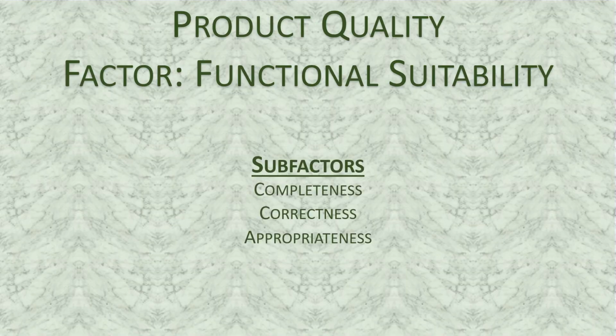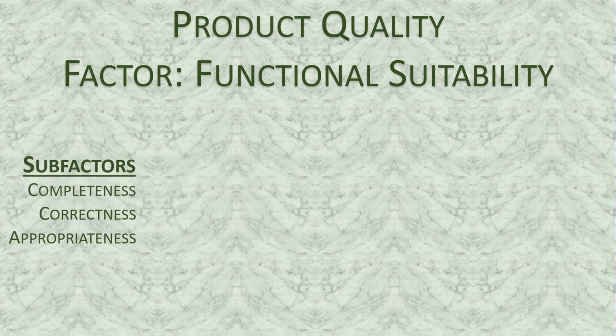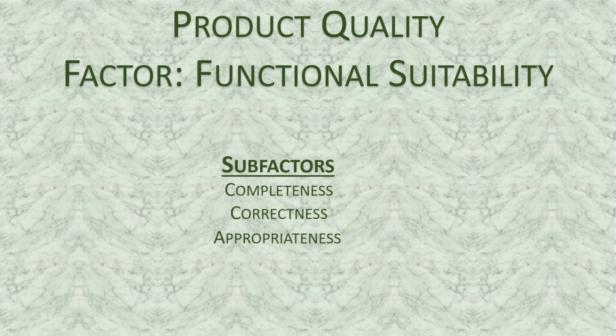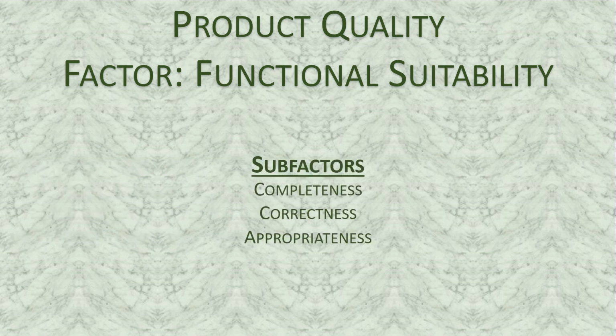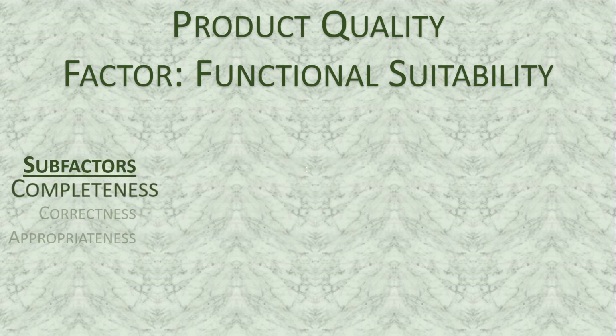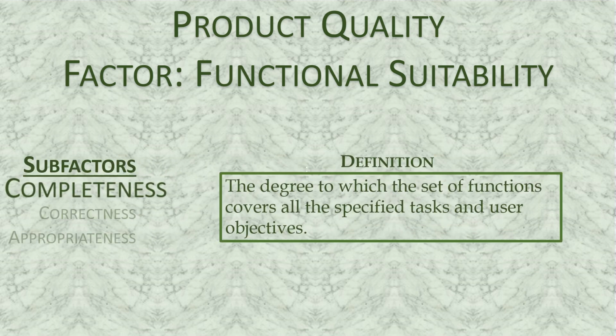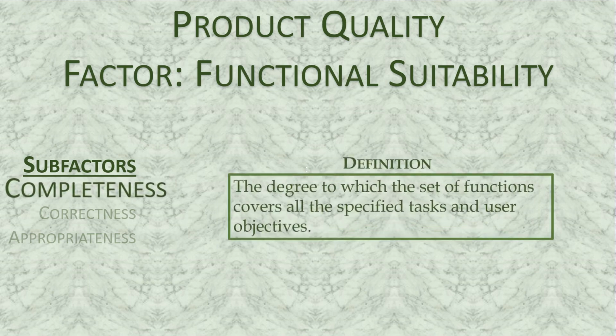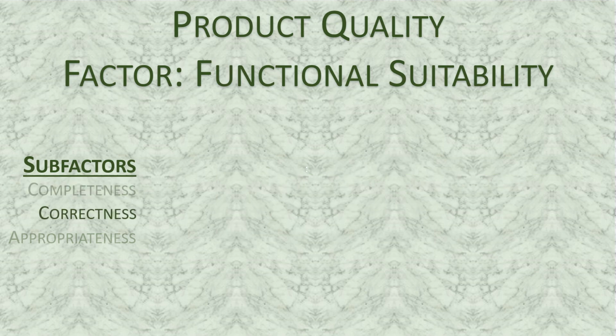Before I get to a more detailed discussion of this seminal factor, let me quickly define the 3 suitability subfactors: functional completeness, functional correctness, and functional appropriateness. Completeness is defined to be the degree to which the set of functions covers all the specified tasks and user objectives.